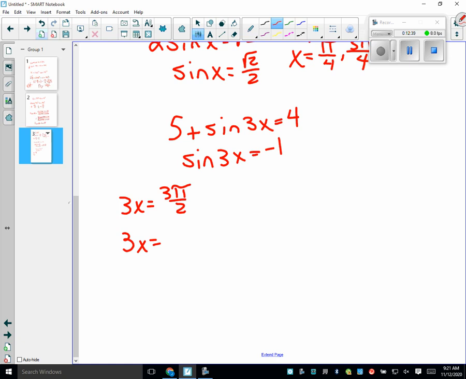What do I add to 3 pi over 2? 2 pi. Which is the same thing as adding 4 pi over 2? So that's going to be 7 pi over 2. And 3x equals 11 pi over 2. And divide by 3 now.